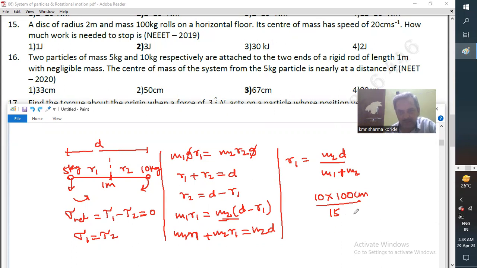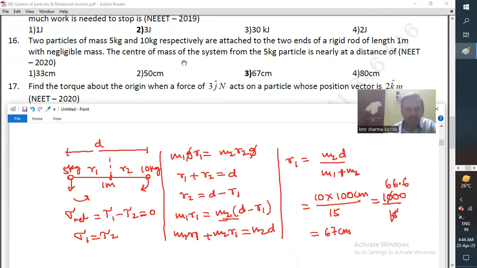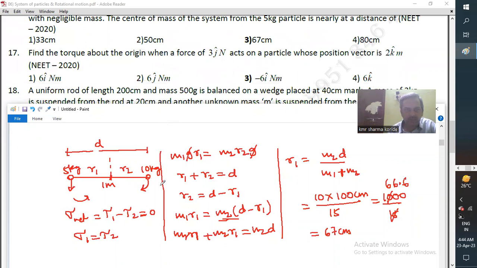It is 1000 by 15. 15 sixes are 90, 10 left over, roughly again 6, so make it 100. Again 6. So roughly it is going to be 67 centimeters. So the third option is correct. Moving to the next question.